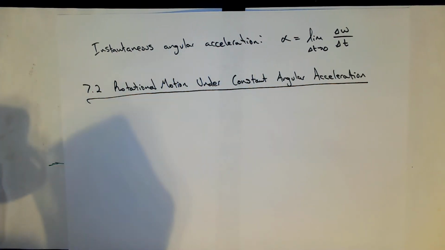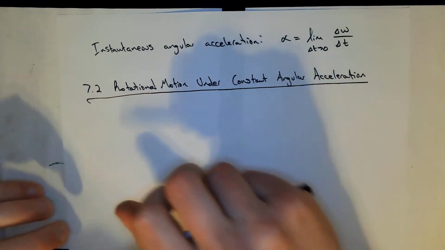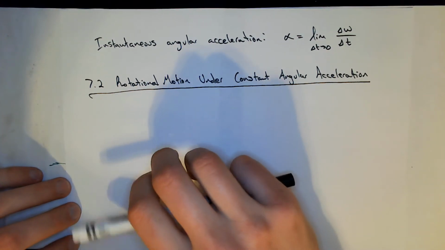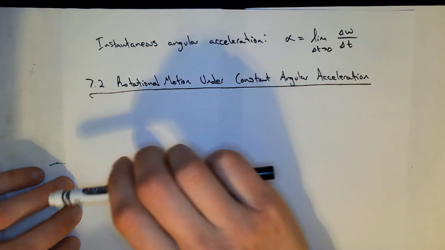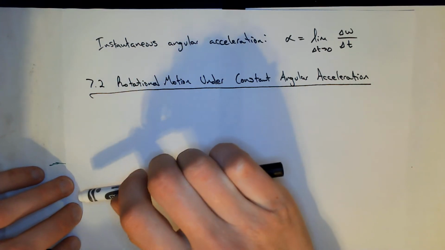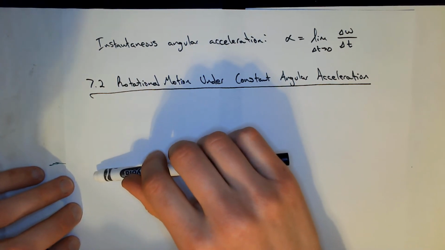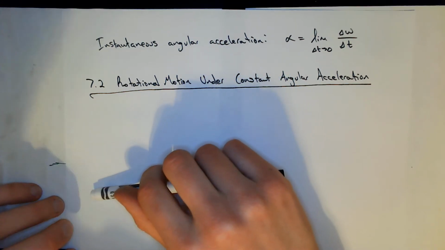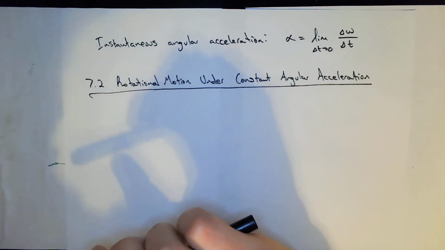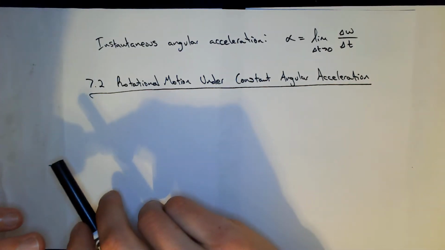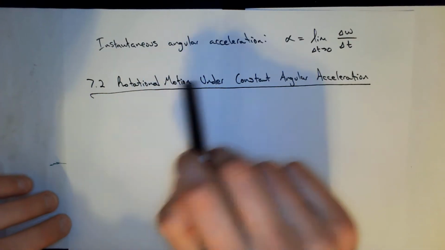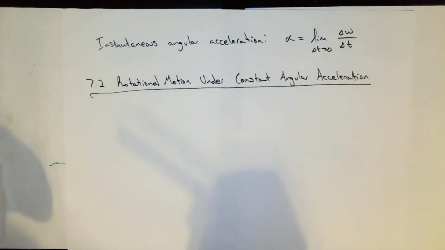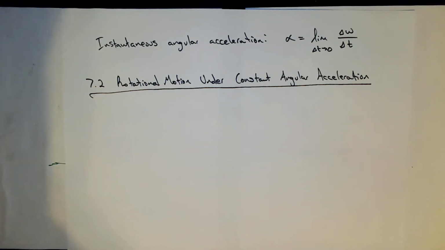I should say the condition for the kinematic equations in linear motion is that acceleration was constant. In rotational motion, we have to say a little bit more. It has to have constant angular acceleration, of course, but we should also say it's about a fixed axis.